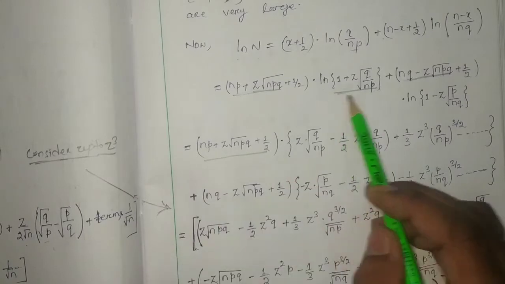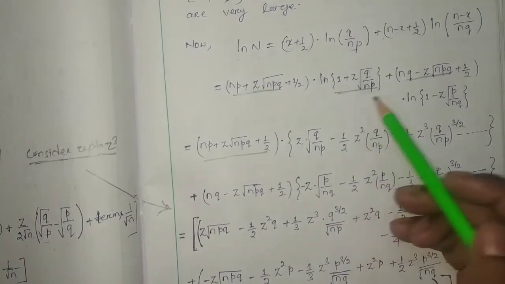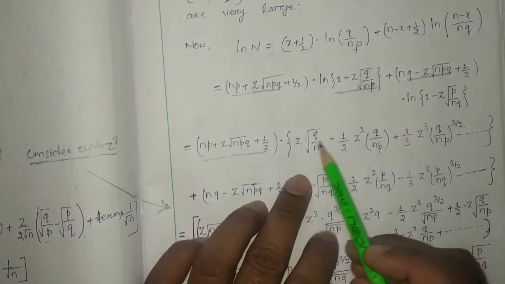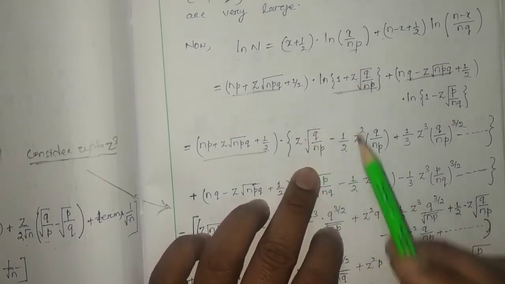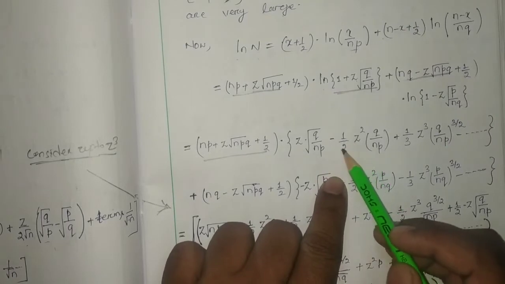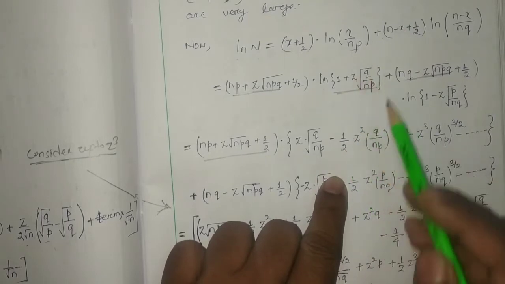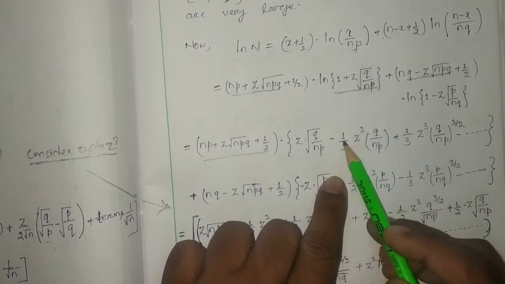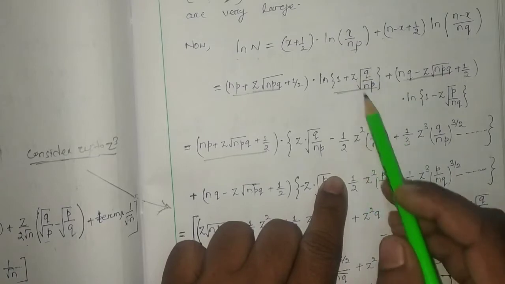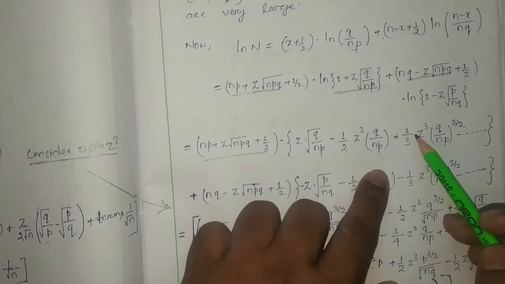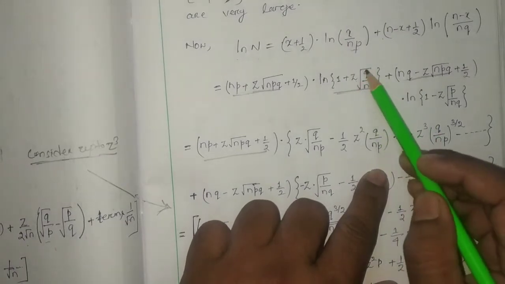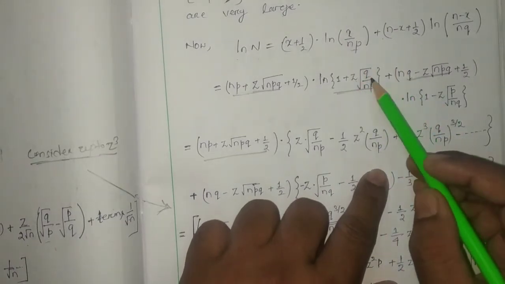Ln of 1 plus x can be expanded this way: x, that means z into root over of q by np, minus 1 by 2 square of this one, that means 1 by 2 z square q by np, plus 1 by 3 cube of this one, that means zq to the power 3.